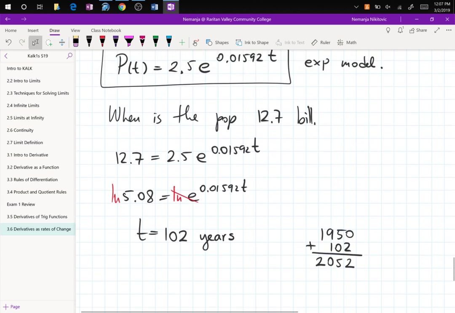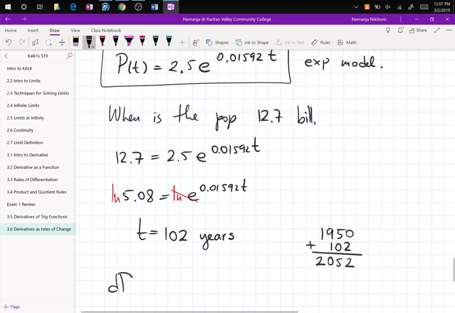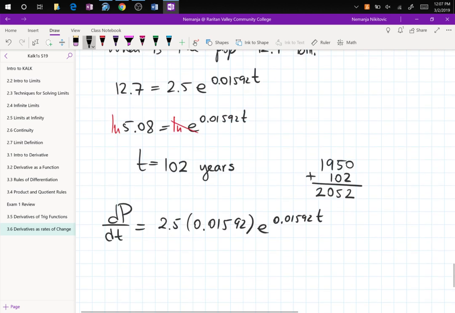So we take the derivative dP/dt, which is 2.5 times 0.01592 e to the 0.01592t, and we multiply these two numbers to come up with a rate of population increase. So 2.5 times 0.01592 gives me 0.0398 e to the 0.01592t.